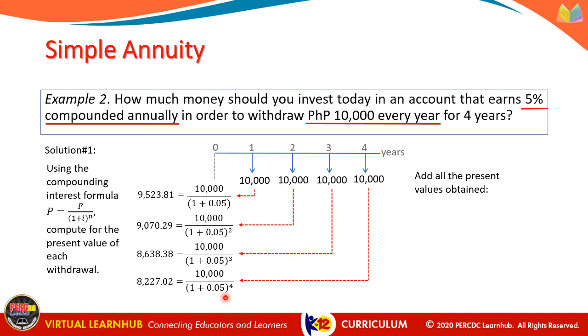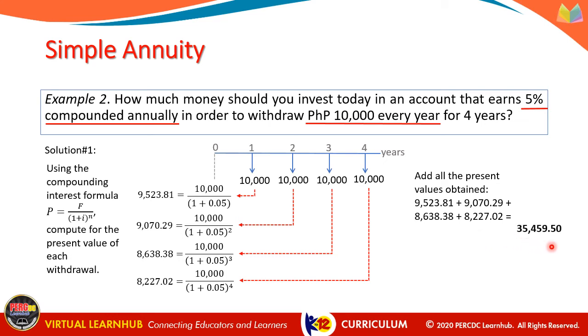For our next step, we just add all the present values obtained in this step. That is 9,523.81 plus 9,070.29 plus 8,638.38 plus 8,227.02.